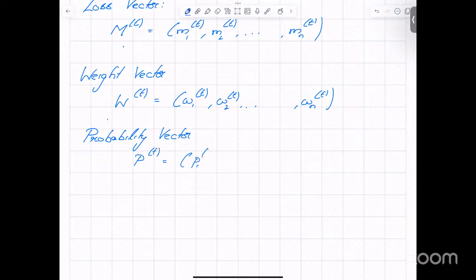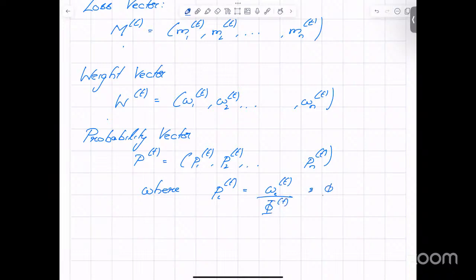It's P1 of t, P2 of t, up to Pn of t, where Pi of t is exactly weight i of t, normalized by the sum of the weights, which we recall we called phi of t.